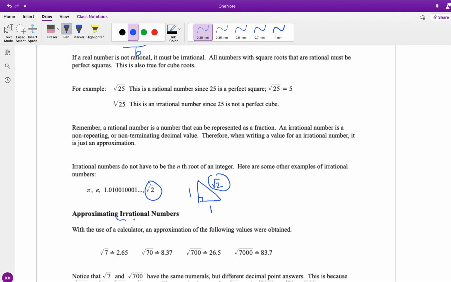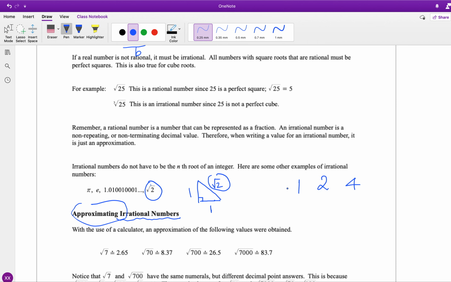So for an irrational number, we just have to approximate. How much is root of 2? The way to think about it is that you have 2 perfect squares, 1 and 4, and then you have this 2 in between.